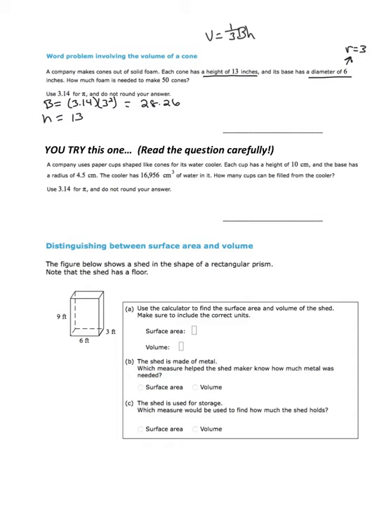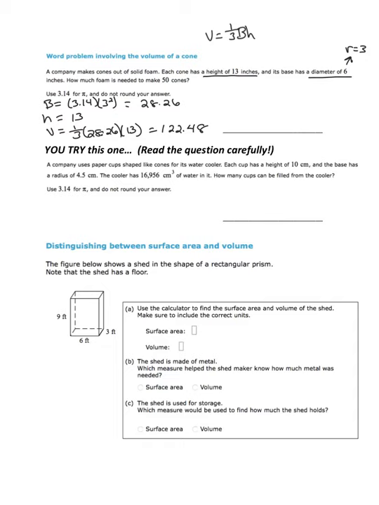So let's plug in the volume. 1/3 times 28.26, there's my decimal, times 13, and I get 122.46. So it's inches cubed. That's the volume for one cone.